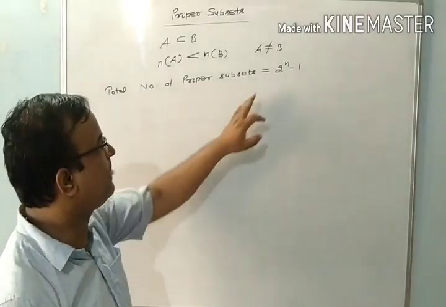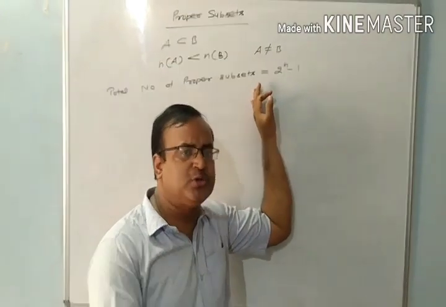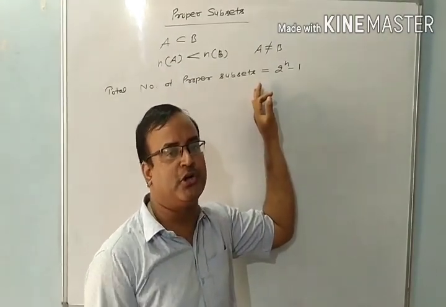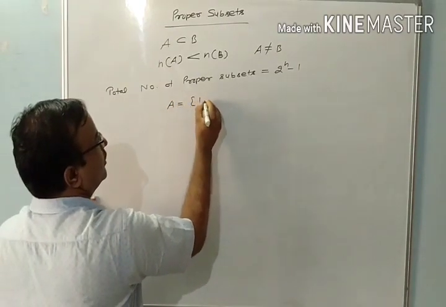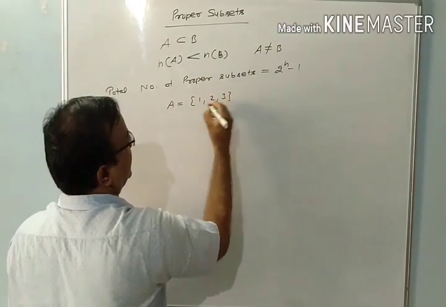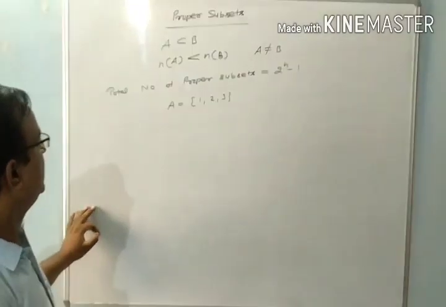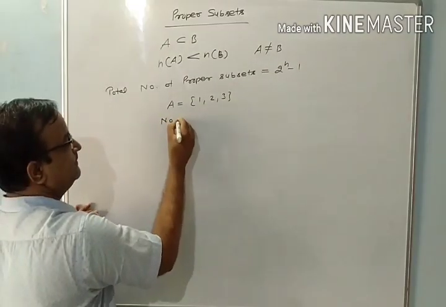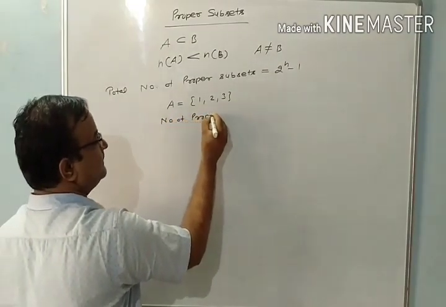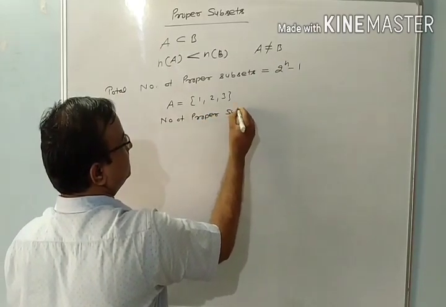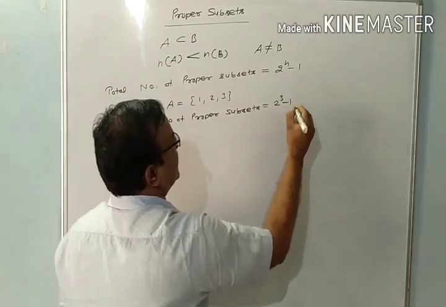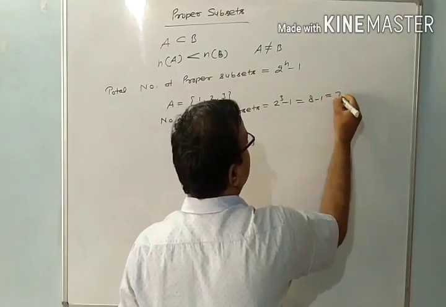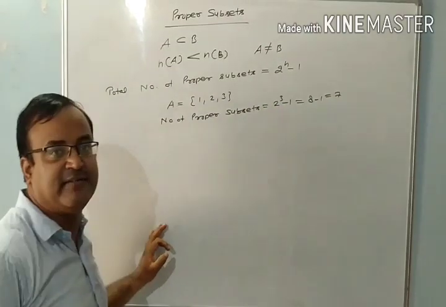I will prove this formula. Now I am using only this formula to find the total number of subsets. Suppose a set is given: 1, 2, 3. The total number of proper subsets is equal to 2 to the power 3 minus 1, that means 8 minus 1 is equal to 7. So the total number of proper subsets is 7.